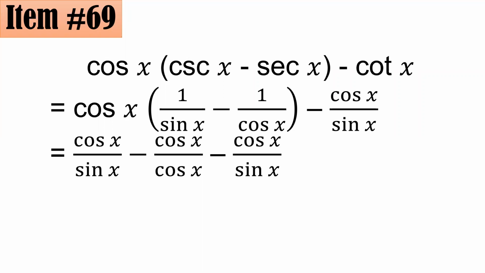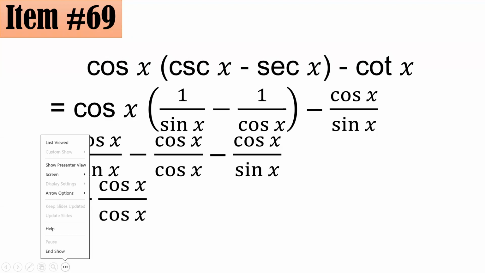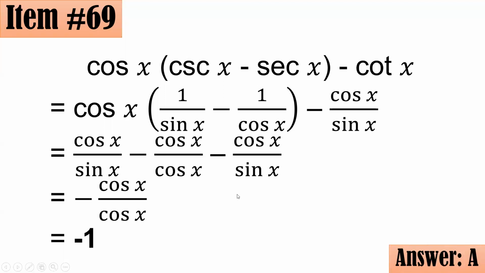Now, kung makikita po natin, meron po ba tayong like terms dito? Ito po yung cosine x over sine x minus cosine x over sine x. So combining them will produce 0, di ba? Magiging 0 tong dalawang to. So what is left is negative cosine x over cosine x, which is of course equal to negative 1. So letter A po yung ating tamang sagot. Good job, everyone.